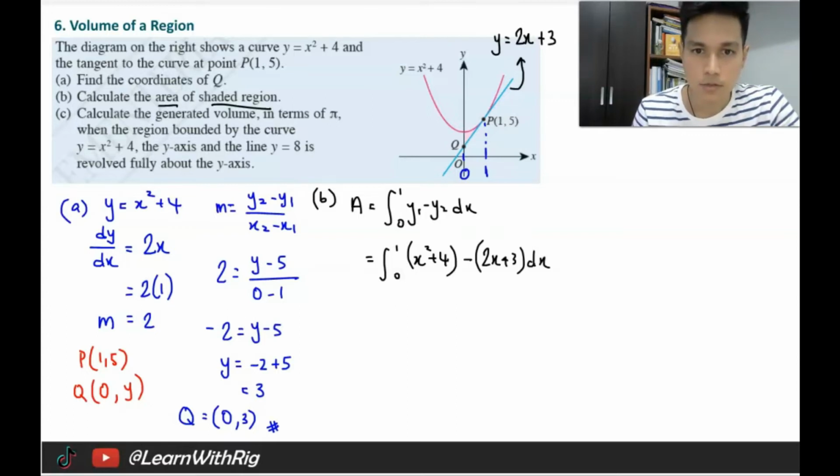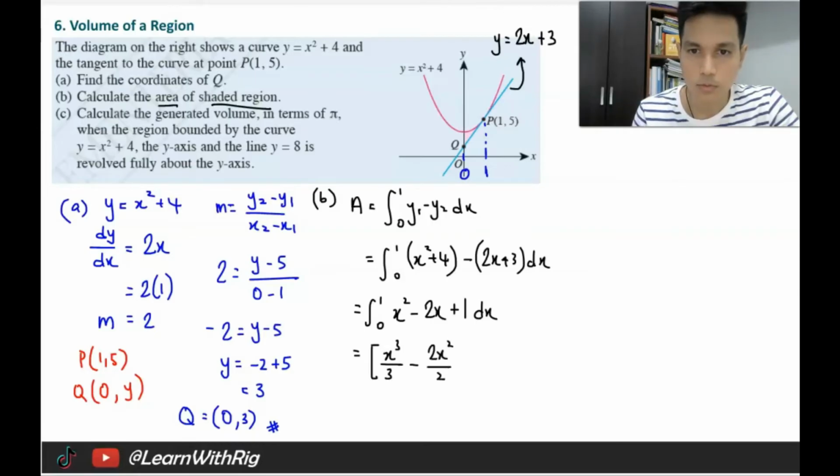dx. So now you can expand it first. So x squared remains, minus 2x, plus 4 minus 3, you get plus 1. So now you integrate, you get x cubed over 3 minus 2x squared over 2 plus x.